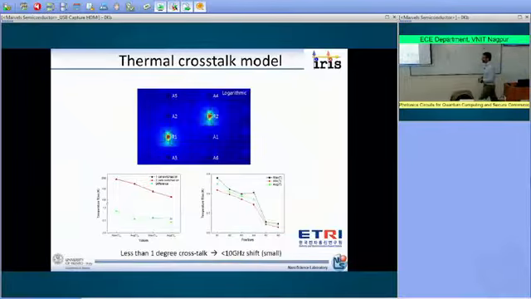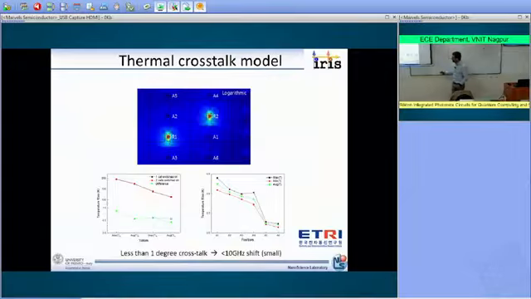But what is nice here is that if you look at the nearby position, the temperature rise of the neighboring microring resonator is negligible, less than half a Kelvin. So you get a very fine tuning of the distance, which reduces the crosstalk to zero.